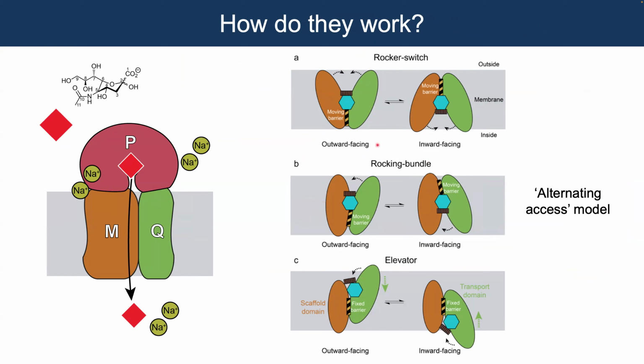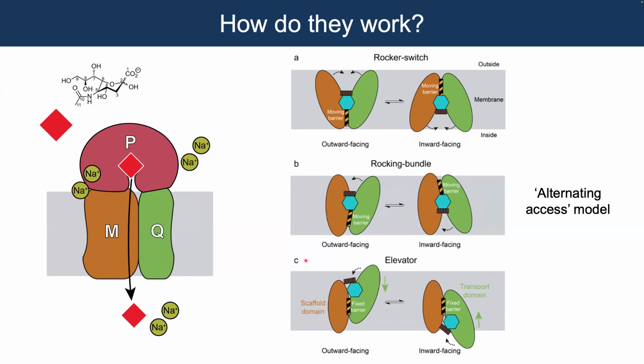In a kind of subtle play of this, there's the rocking bundle. Here you have a domain that is a stator domain or a scaffold domain that doesn't move, and you have instead a bundle or a barrier or a domain that's moving against that domain.